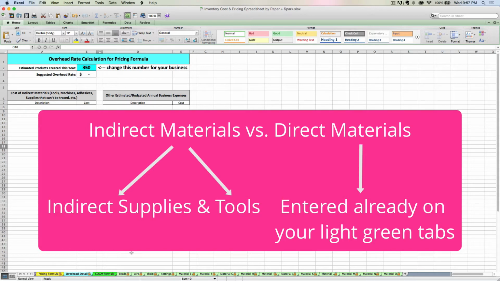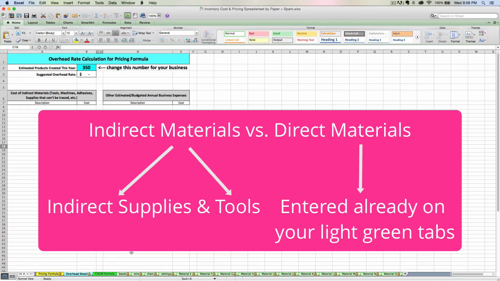When I say direct materials, I mean raw supplies that you can easily and directly and specifically trace to your finished product. So I can count exactly how many beads went into this ring. I can count exactly how many yards of fabric went into this dress. Direct materials can be traced directly to a finished product.